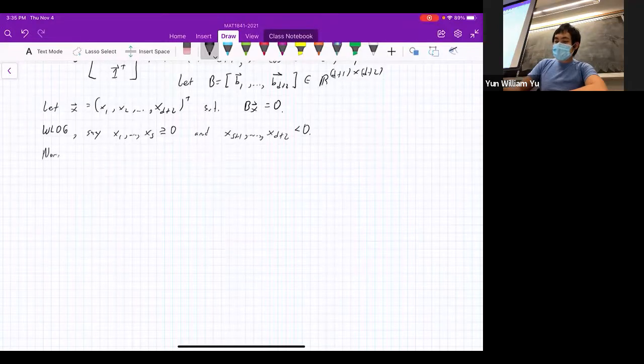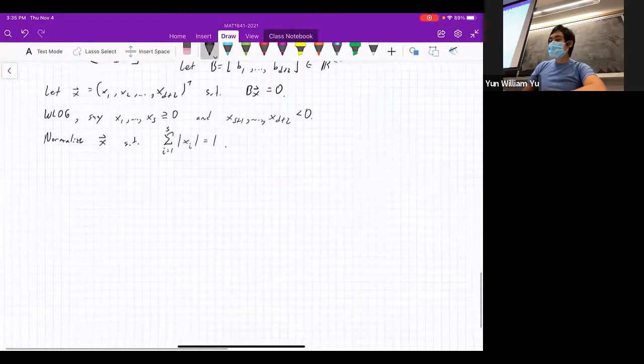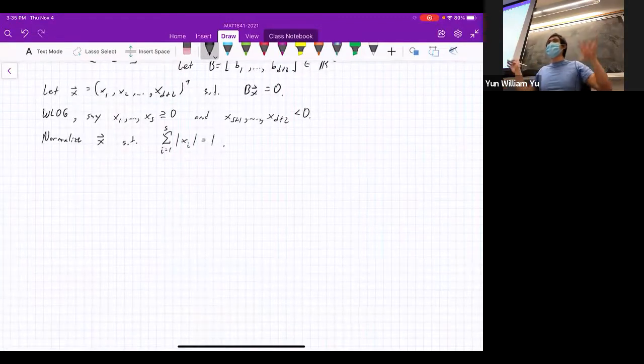And then what we can do is normalize. We're going to normalize it such that the one norm of just the positive portion is equal to 1. Note that this is only normalizing it so that all the positive components add up to 1.